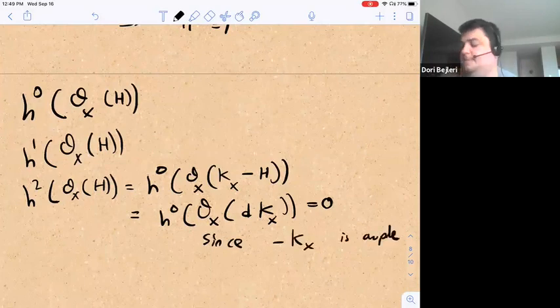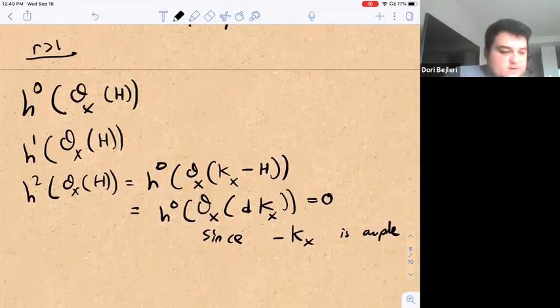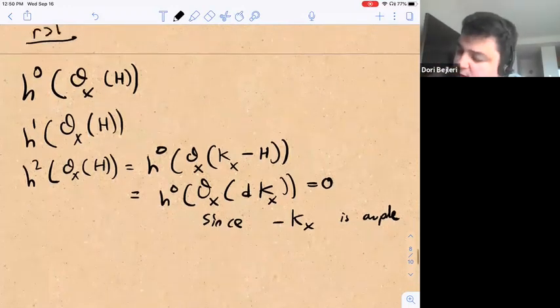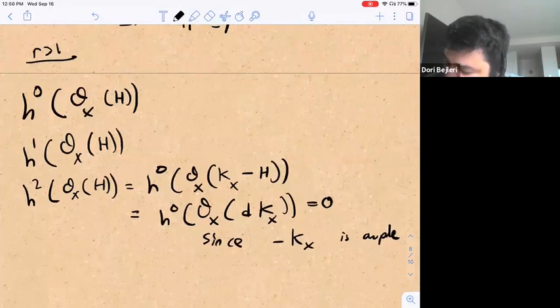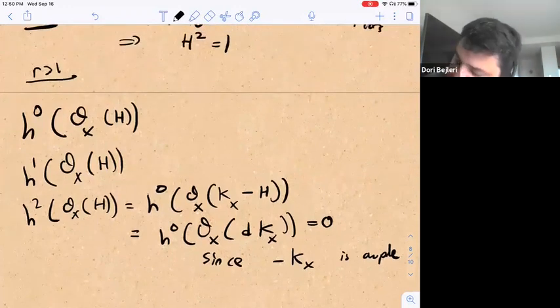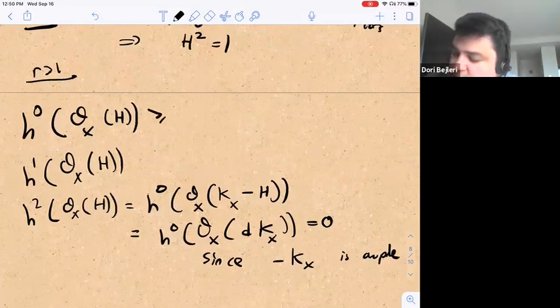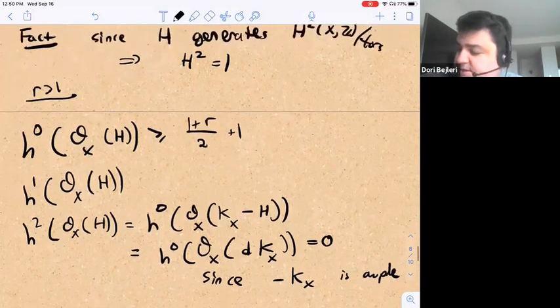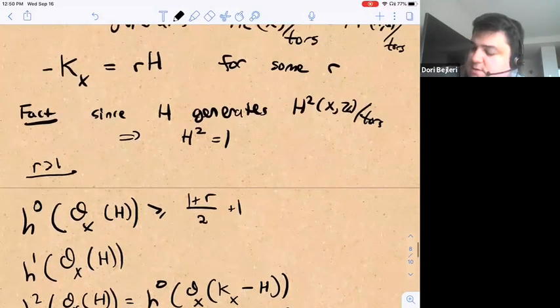Okay, so let's do the r strictly bigger than 1 case first, and then we'll go back to r equals 1. In this case, this is 0. I guess h1 actually doesn't matter for what I wanted to say, because once we know h2 is 0, then we know that h0 is greater than or equal to the Riemann-Roch number, which if you compute it out is 1 plus r over 2 plus 1, using that H squared is 1, and using that K is minus rH.